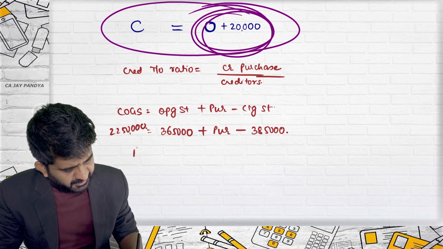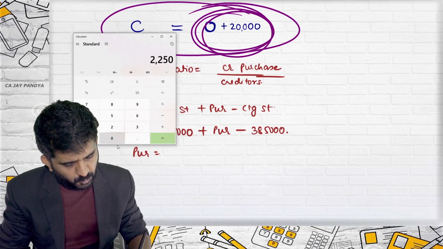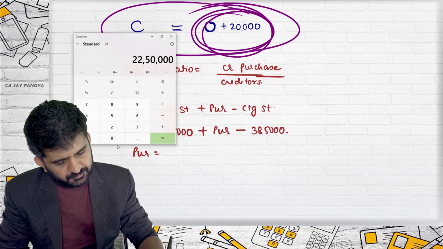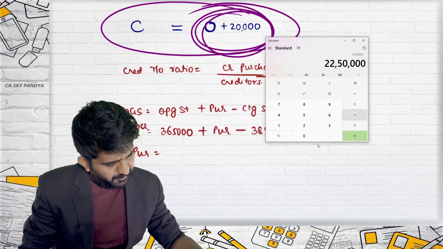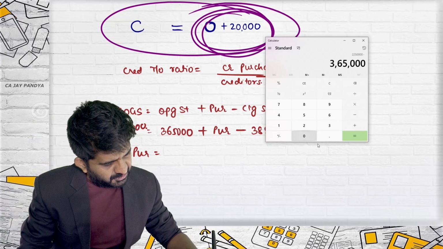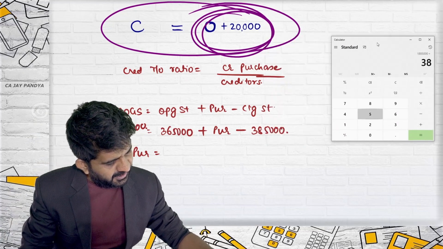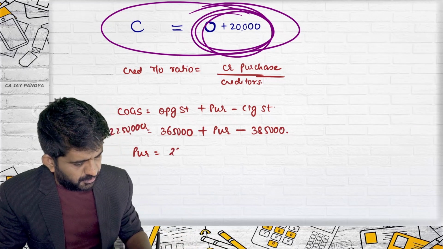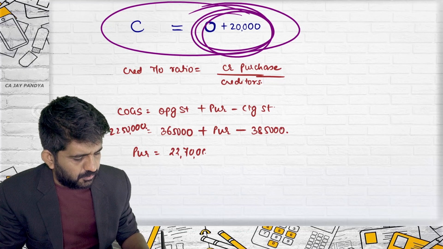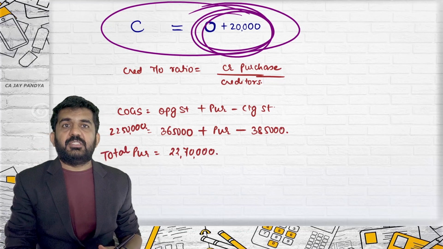Solving this, purchase will be 22,50,000 minus 3,65,000 plus 3,85,000, which will be 22,70,000. And this purchase is the total purchase.